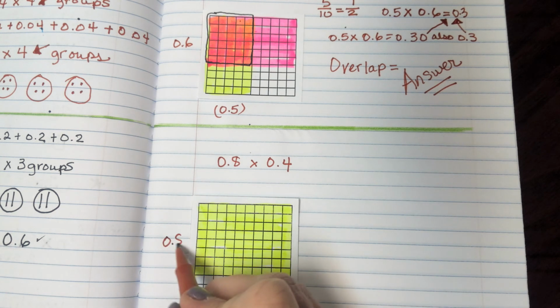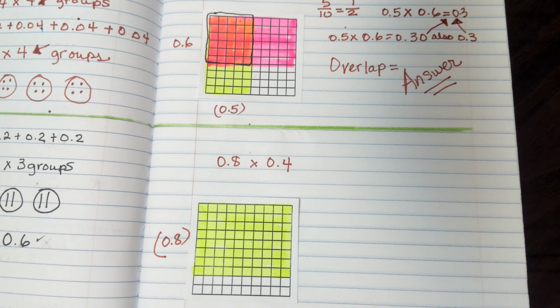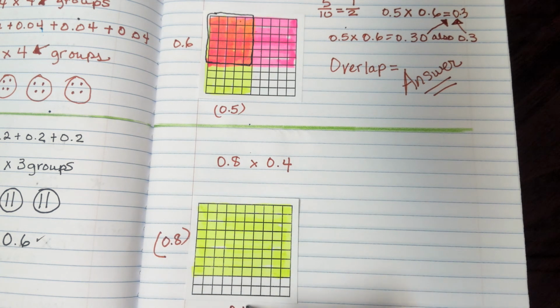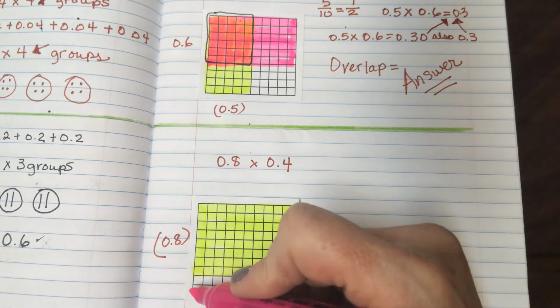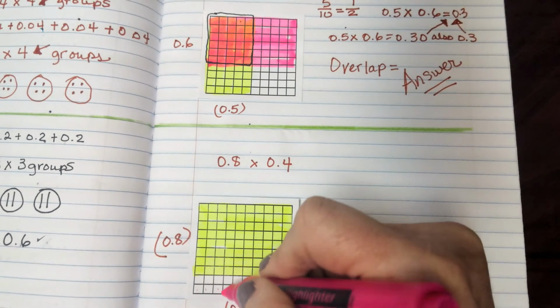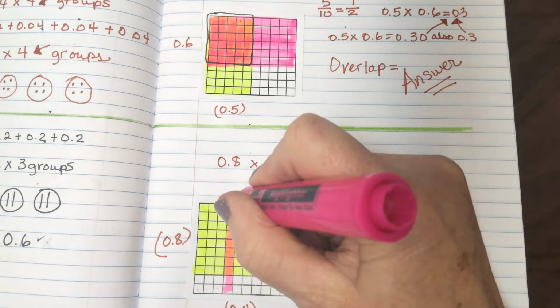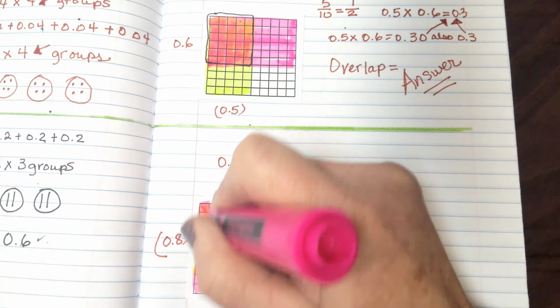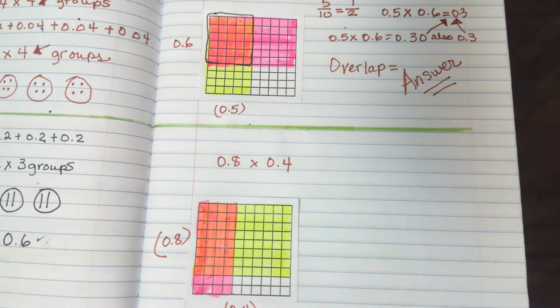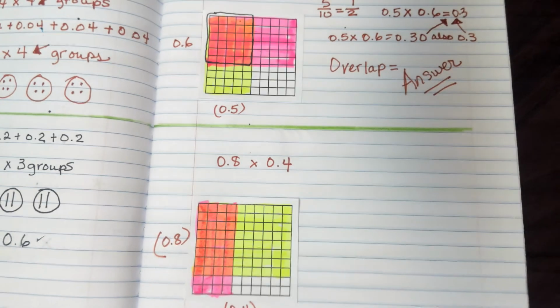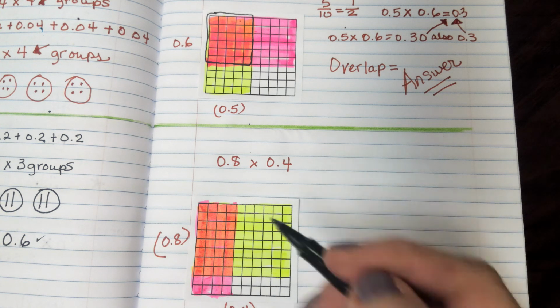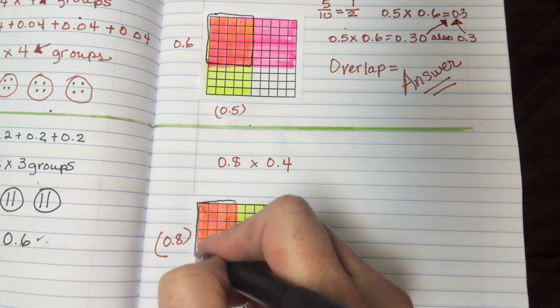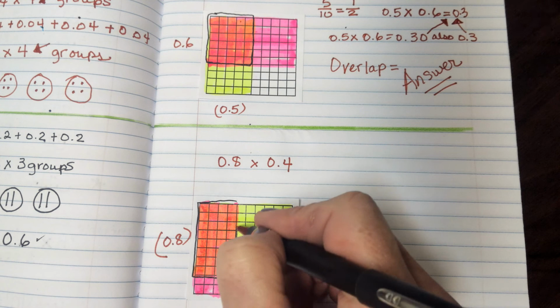Here's my 0 and 8/10. So it looks like I'm going to do my 0 and 4/10 vertically. So remember, my answer is the what? The overlap.